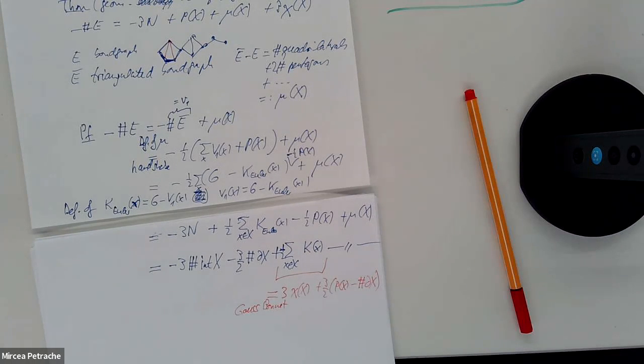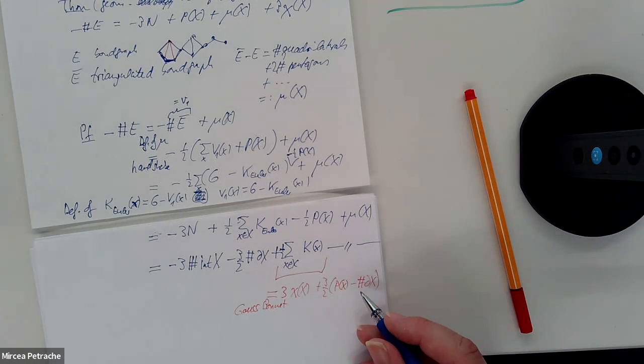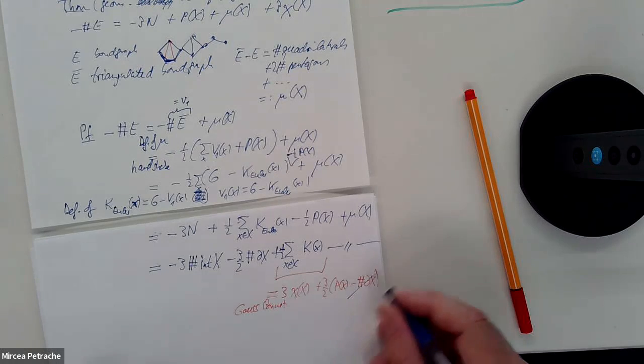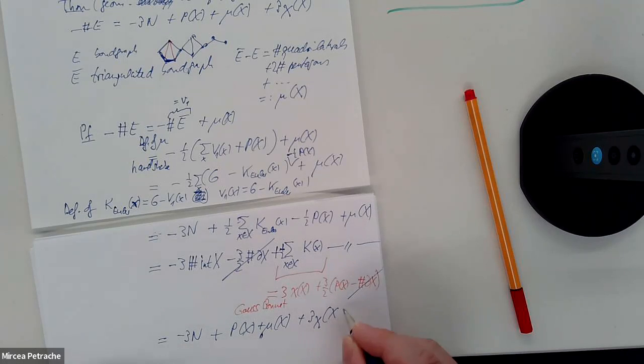Now the correction with the number of boundary particles, something beautiful happens, because that drops. It bothered me in the Gauss-Bonnet because it was an annoying term, but that term exactly cancels the term that came from the definition of the modified Euler curvature. To clean things up, I really get minus 3 times the number of particles plus perimeter plus defect measure plus 3 times the Euler characteristic.